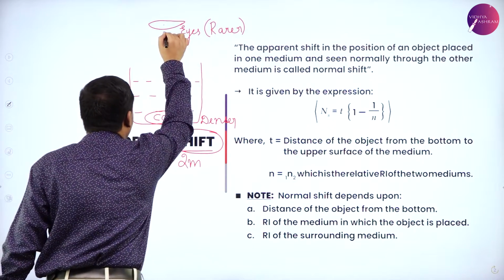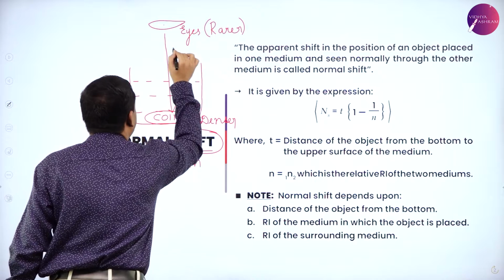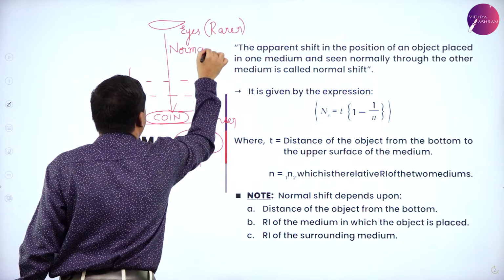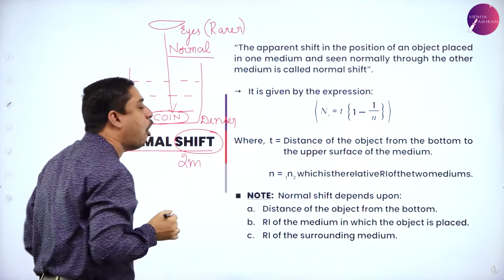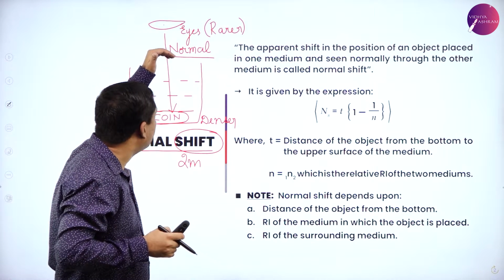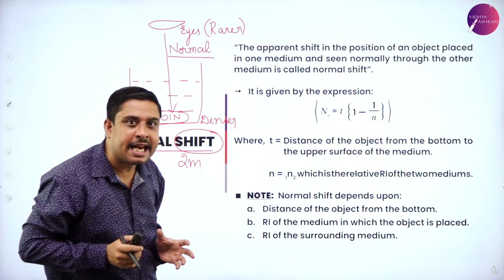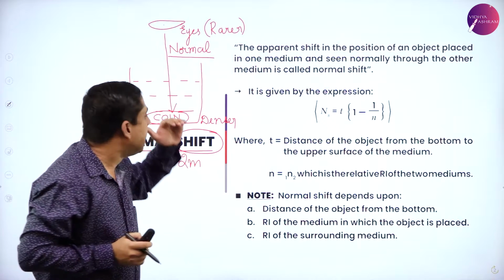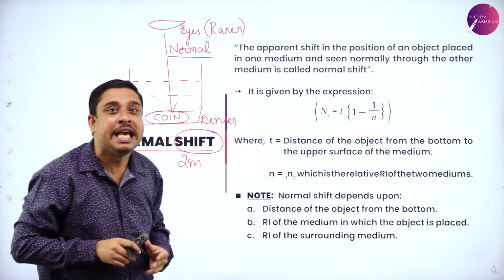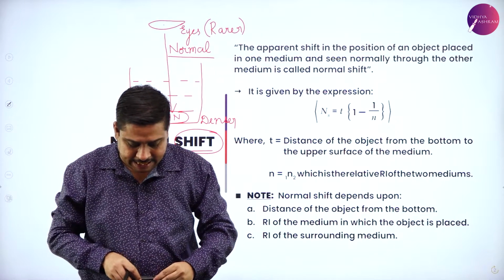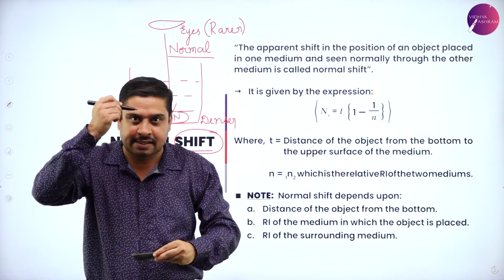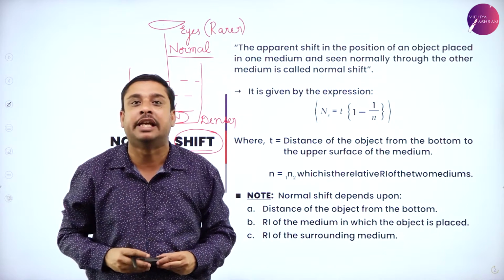And most importantly, I am observing the coin along the normal. The observer who is in the rarer medium is looking at the coin normally, exactly somewhere like this, and it appears to be along the normal.